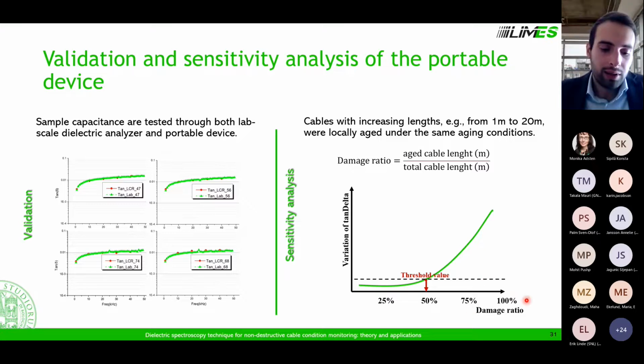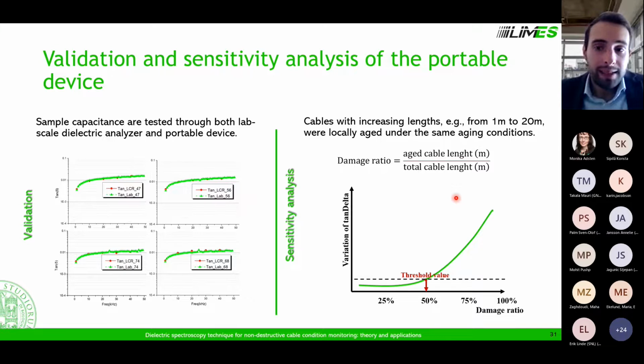We have aged cables with different lengths, and then we have cut the cables into different parts, so that we have cables with increasing aged length, starting from 0%, which represents the unaged cable, and then moving up to 100%, the cable which was totally aged. Obviously, the damage ratio is defined as the length of the aged part over the total cable length.